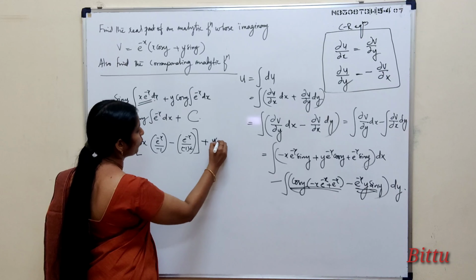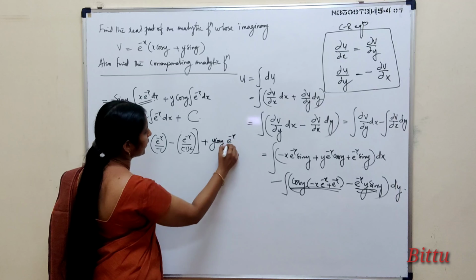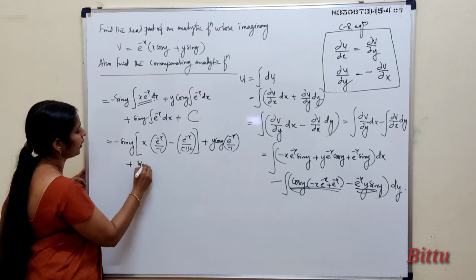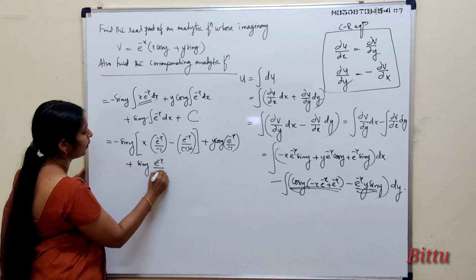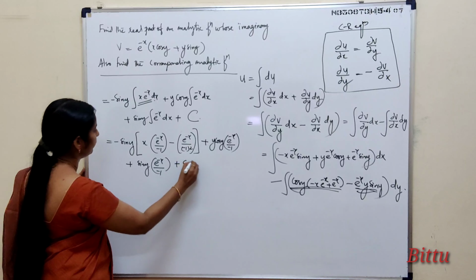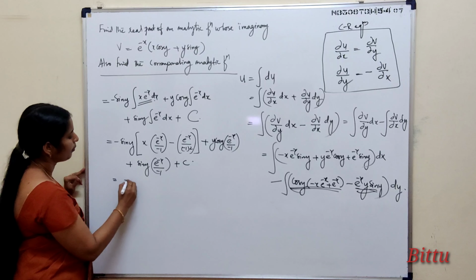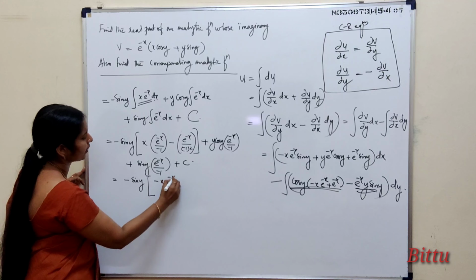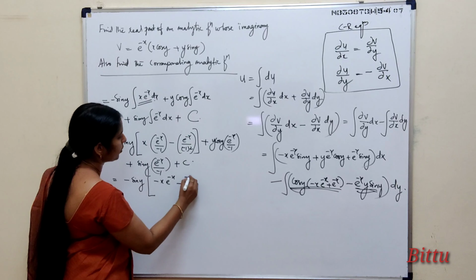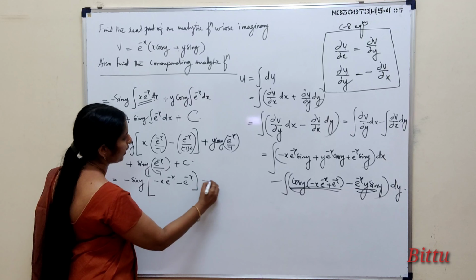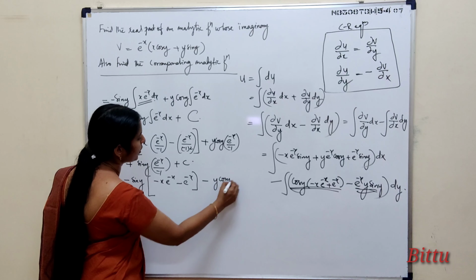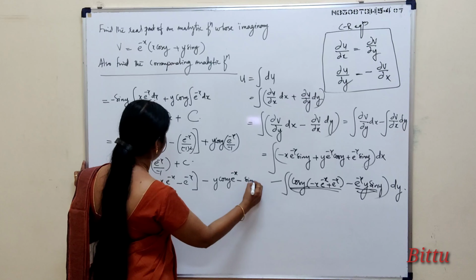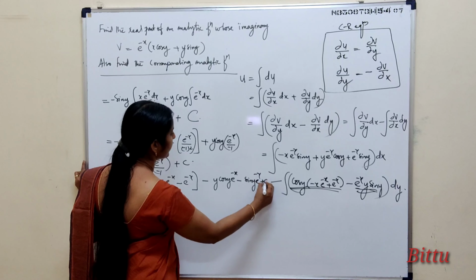Plus y cos y into e^(-x)/(-1), plus sin y into e^(-x)/(-1), plus c. That is minus sin y into minus x e^(-x) minus e^(-x), minus y cos y e^(-x) minus sin y e^(-x) plus c.